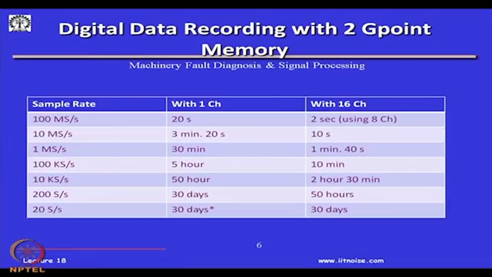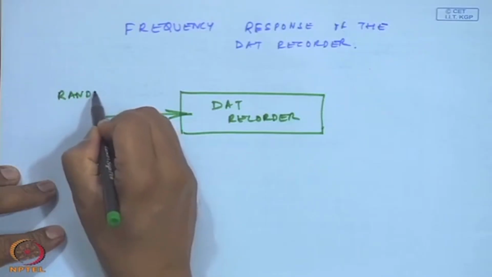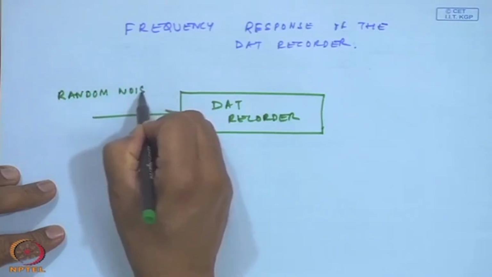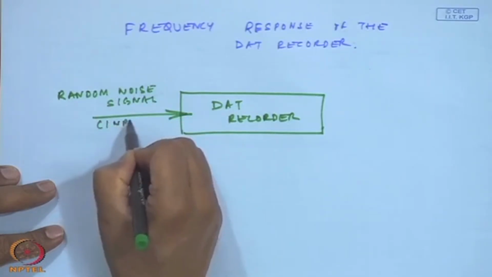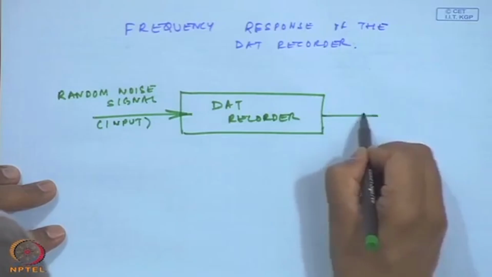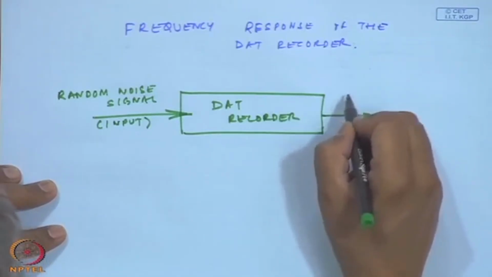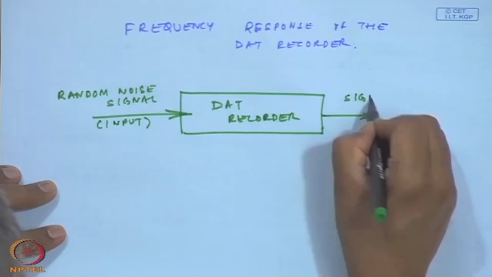A simple way to do this is, suppose we have a DAT recorder, all you have to do is record a random noise signal at the input and then play back the signal.